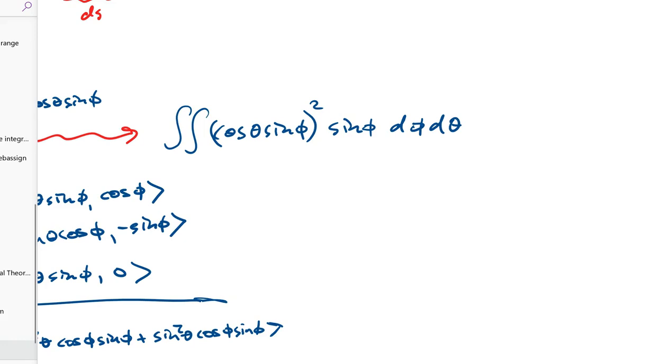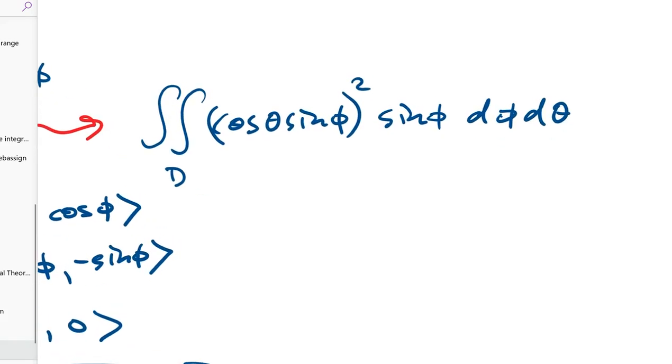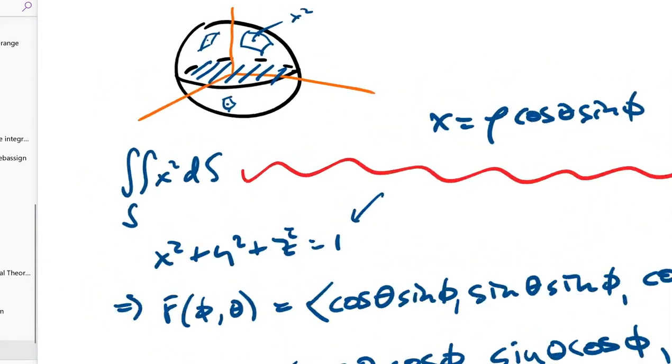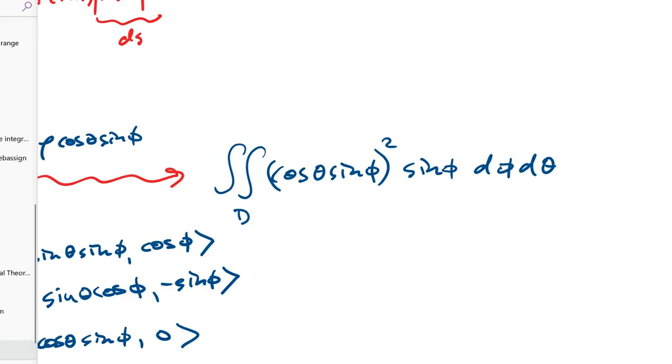Okay, so this is over D here. Now D is no longer the shadow in the xy plane. It's going to be what we started out with, the domain of phi and theta.